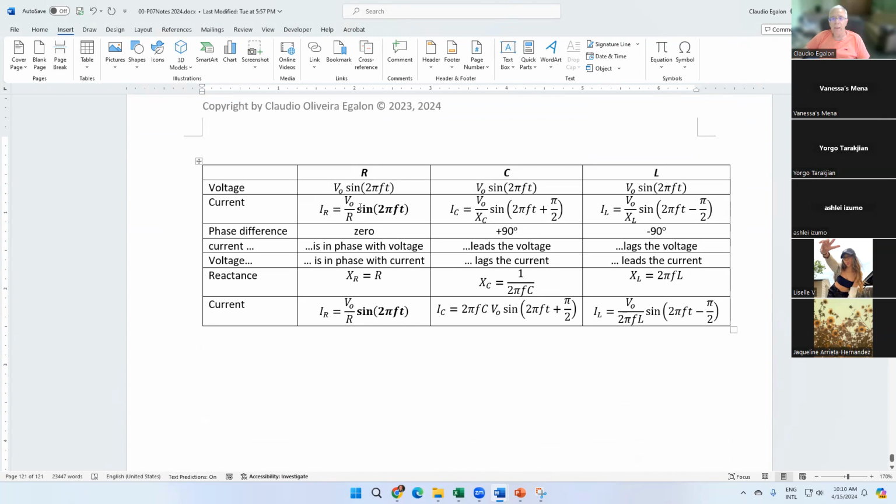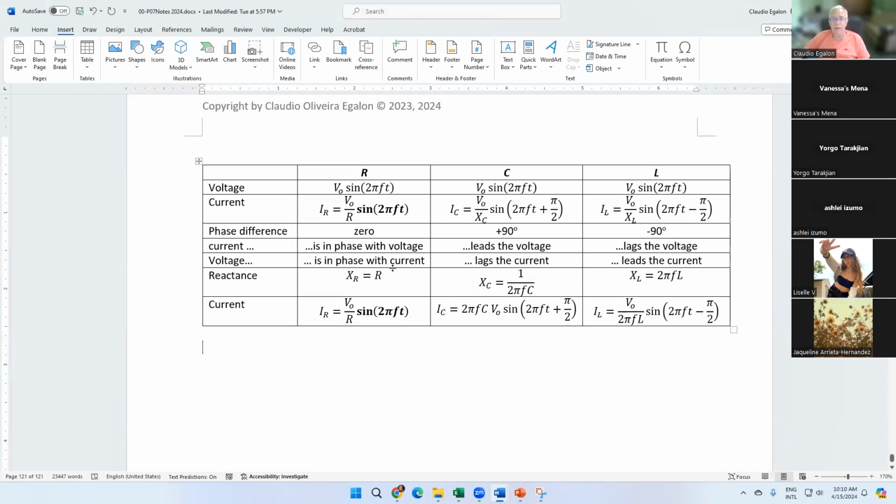Here are the relations for the voltage of the generator. Here's the current. The current is in phase with respect to the voltage. The current leads the voltage, the current lags the voltage. Phase difference is 0, plus 90 degrees, minus 90 degrees. Current is in phase with the voltage, leads the voltage, lags the voltage.